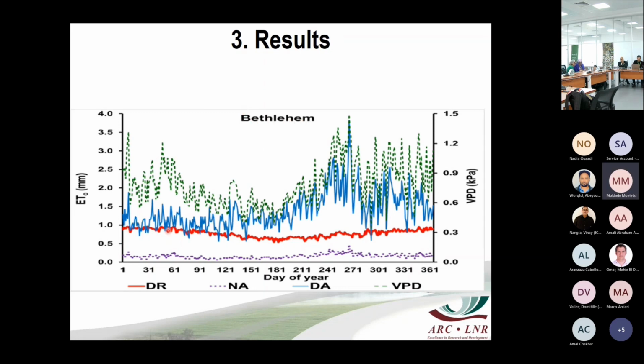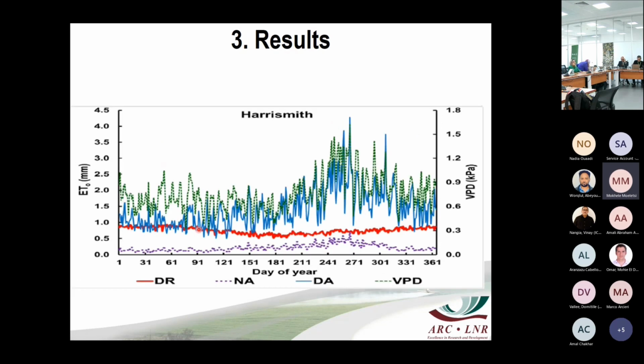Bethlehem is relatively lower in comparison with the aerodynamic component in this part of the year. Then this is more or less the same. Bethlehem and Harrismith show more or less similar properties in terms of variability of the thermodynamic component and the aerodynamic component during the different parts of the year.